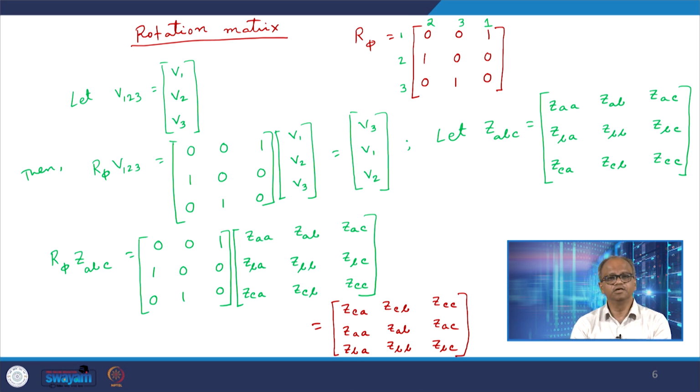Right. So, here again, if I pre-multiply this rotation matrix with a 3 cross 3 impedance matrix, whether symmetric or unsymmetric, what happens? The third row becomes the first row, the first row becomes the second row, and the second row becomes the third row.